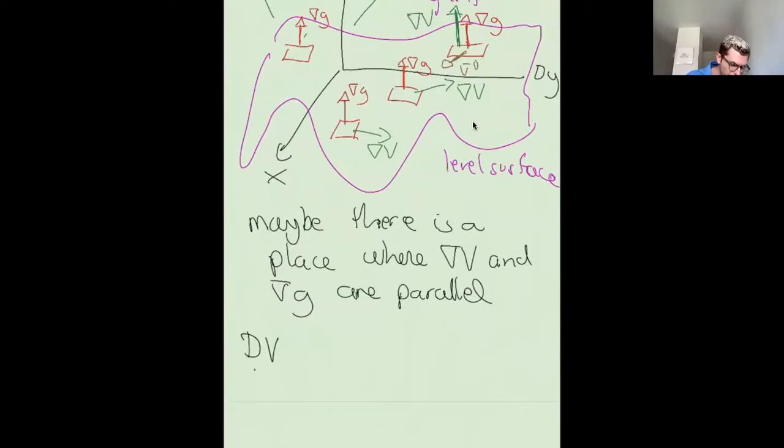Let's call this direction vector U. In general, what was the formula for the directional derivative? The dot product of the gradient of V with U.